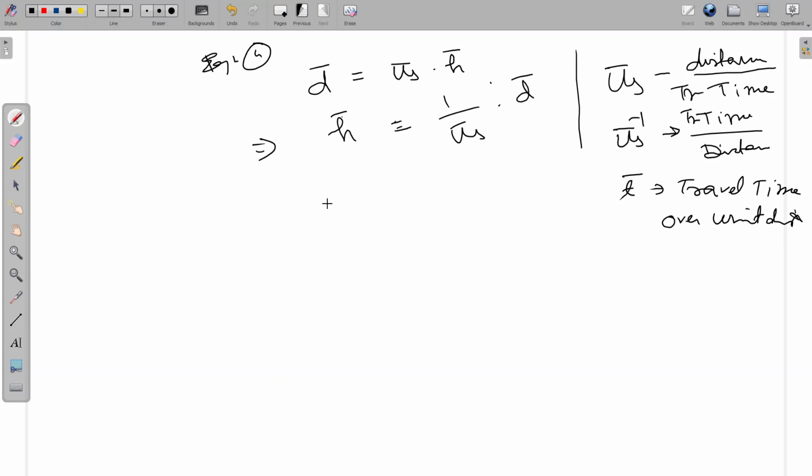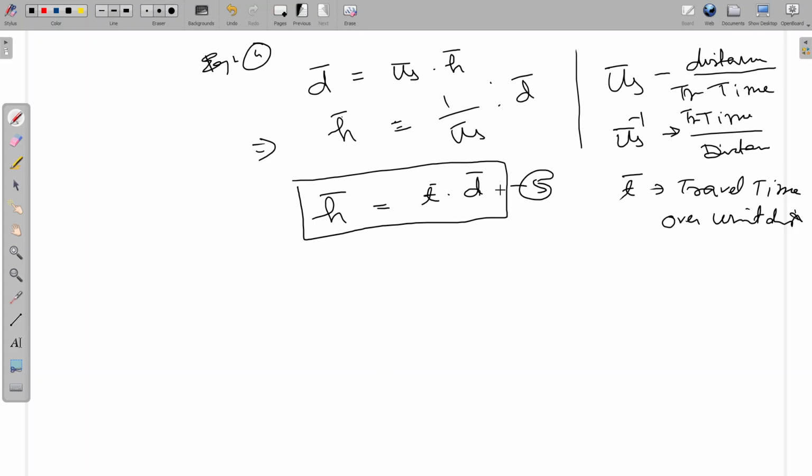So that we can write here, be equal to T bar into, let us say this equation number. What is equation number 5 here?